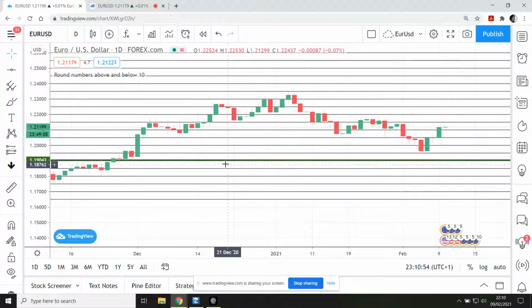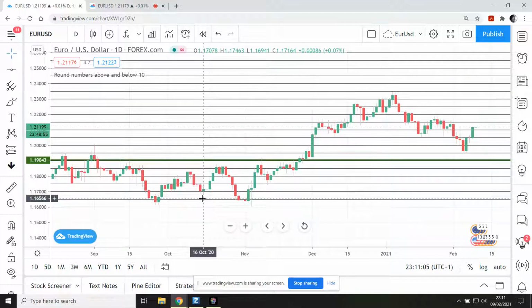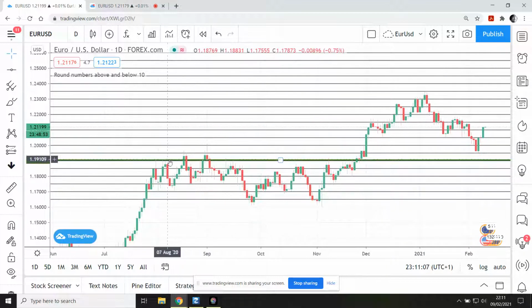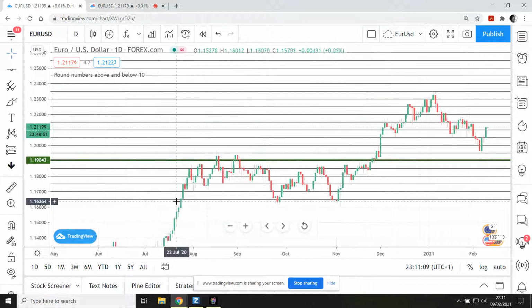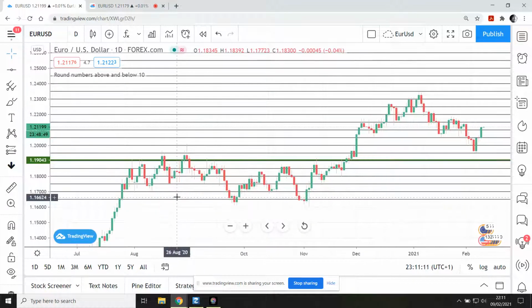This green line I actually plotted manually with the horizontal line, and I put it at 119. That was just to see how price interacts with a round number. We don't have many indicators like that in your standard packages. So this is somebody who's designed it and put it on TradingView. Thank you very much for that.